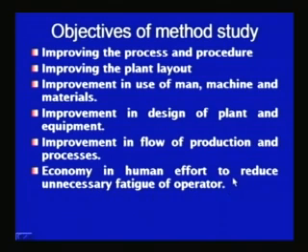For this, the workplaces, the work method and the movements during the work are developed in such a way that they need less effort from the operator, so that unnecessary fatigue during the operation is reduced.